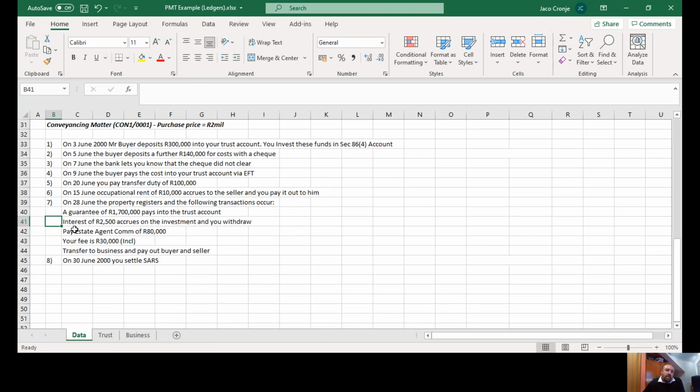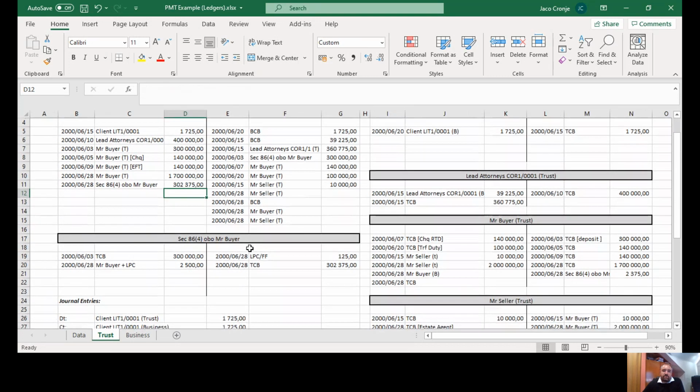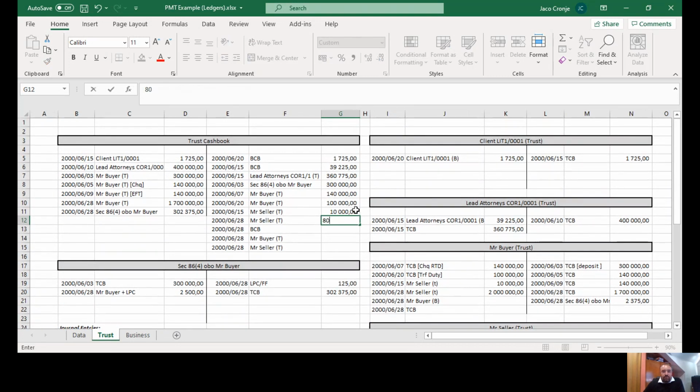Okay, now we pay an estate agent's commission of 80,000 rand. Is that a business expense or a trust expense? The answer is it's not a business expense. I don't have to pay the estate agent. That must come from trust. So I will pay the estate agent. That will decrease my trust cash book.